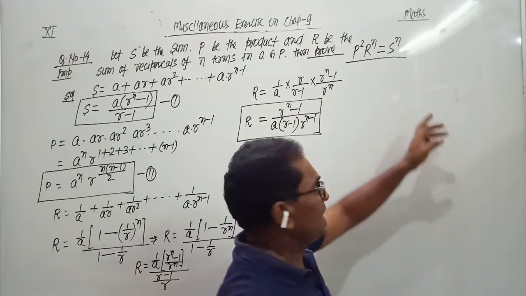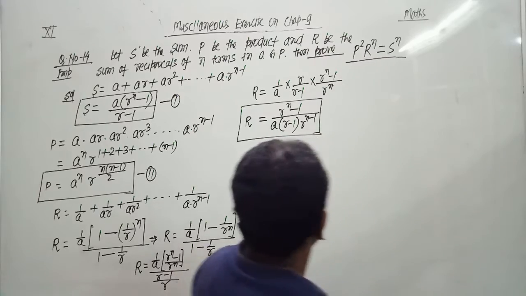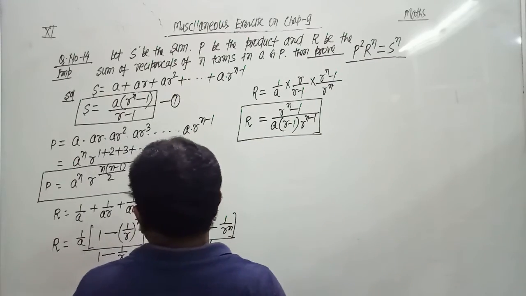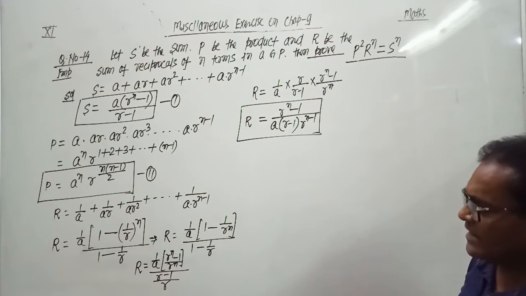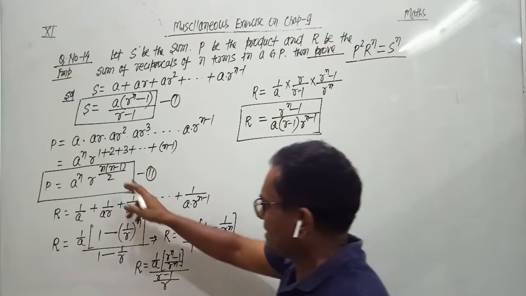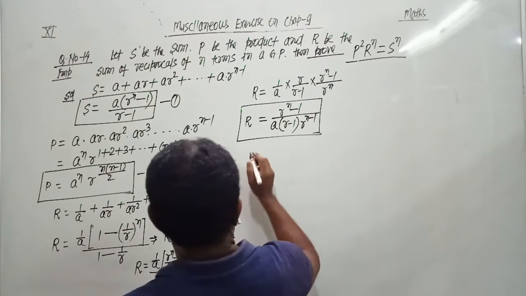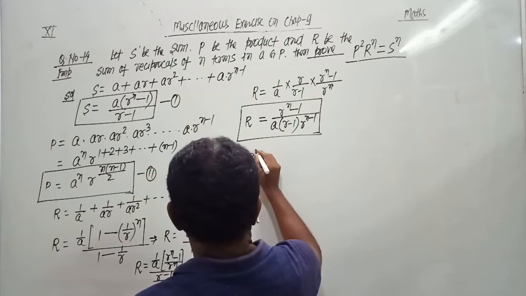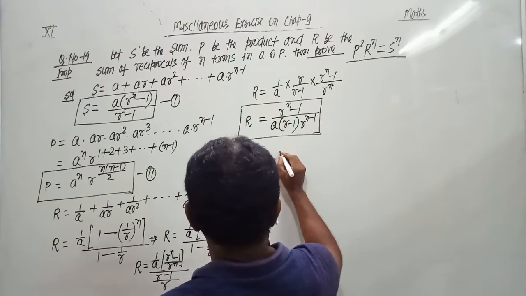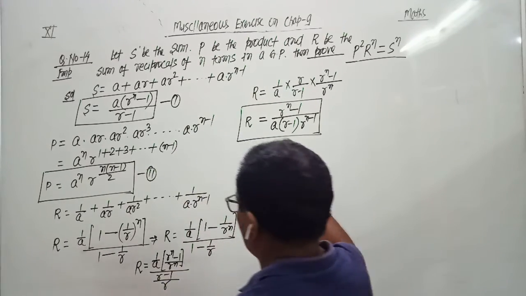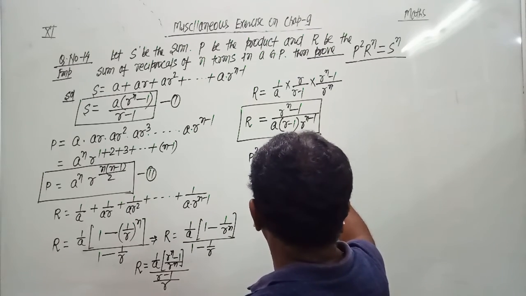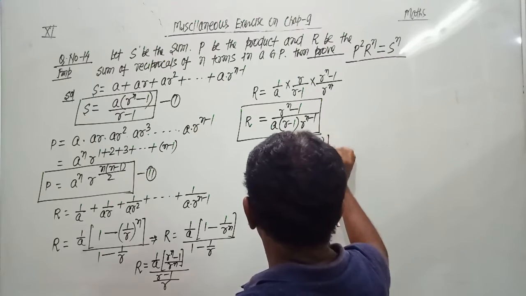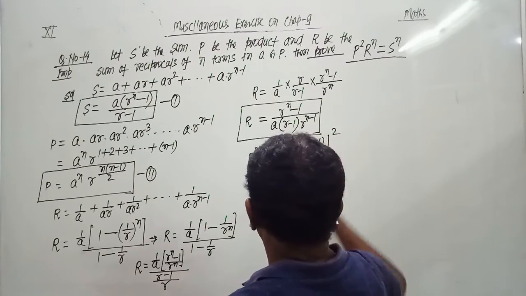Now we have to find the value of P square. The value of P, we have already calculated. The value of P is A raised to the power n and R raised to the power n into n minus 1 by 2. So P square equals to A raised to the power n and R raised to the power n into n minus 1 upon 2, the whole square.